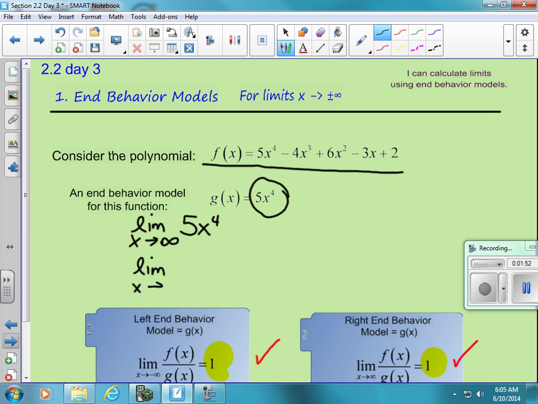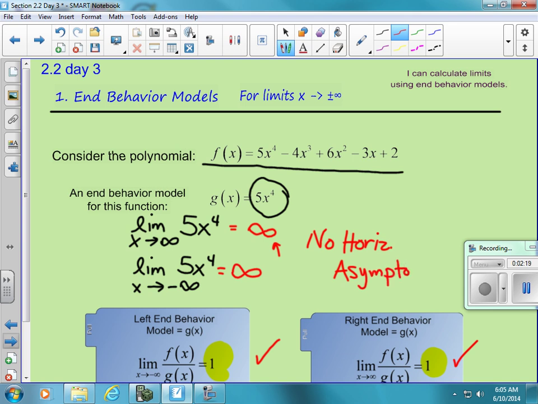So we look at both the limit to positive infinity and negative infinity. And we find that for an x to the 4th function, where we have an even exponent, the limit is the same and it's equal to infinity. In this case, there are no horizontal asymptotes. If infinity came out to be a number, then we would have some asymptote.